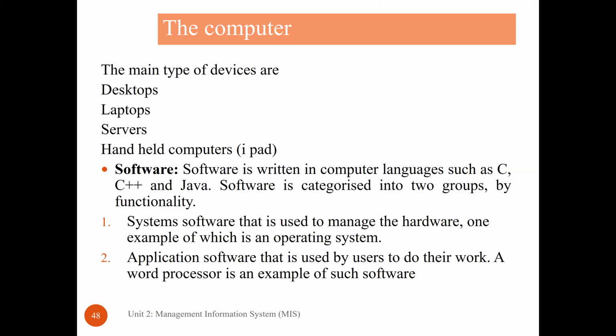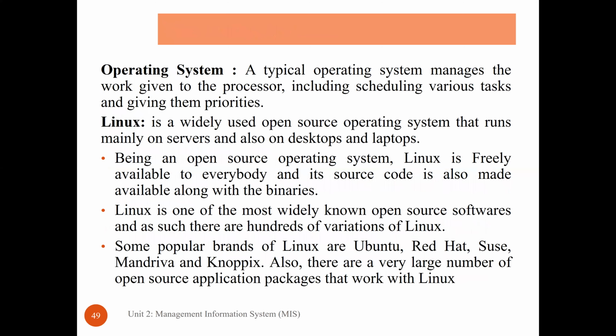Software is the application software which is used by the user to perform their work. There may be many languages used by the user or applications to perform the user's work. Operating system is also one type of application which is provided to the user, which performs various tasks according to priorities.